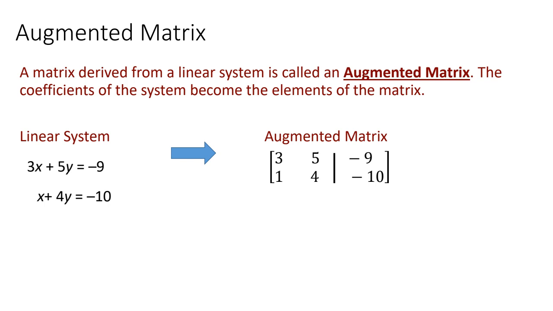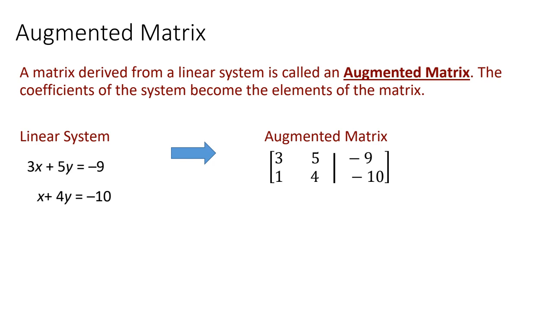So when we're converting a linear system to an augmented matrix, we're only going to look at the coefficients of our system. And again, we don't have to worry about the variables anymore because that's one of the beauties of matrices. They have a special value. They have an address for each point. So we know that they're in the right position, right?